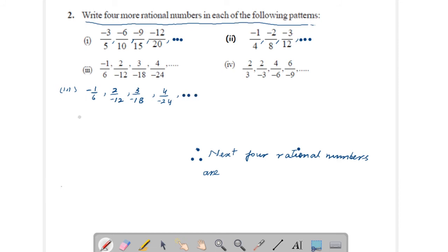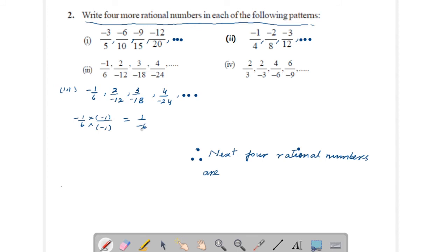See here, what is your first rational number? It is minus 1 upon 6. Here multiply numerator and denominator by minus 1. What will you get? 1 upon minus 6.